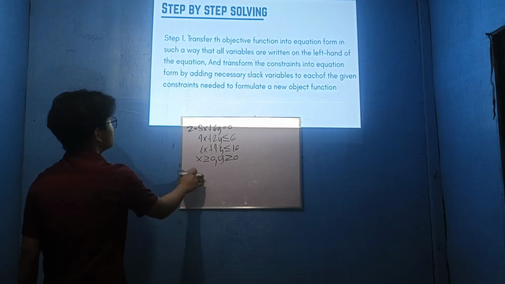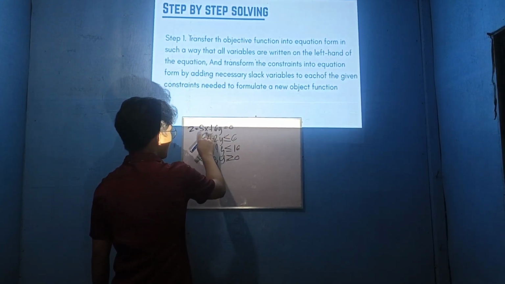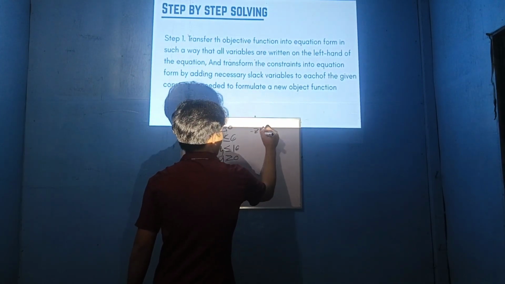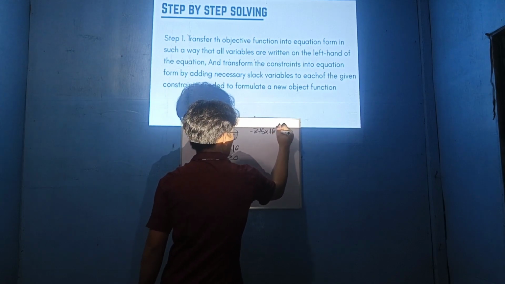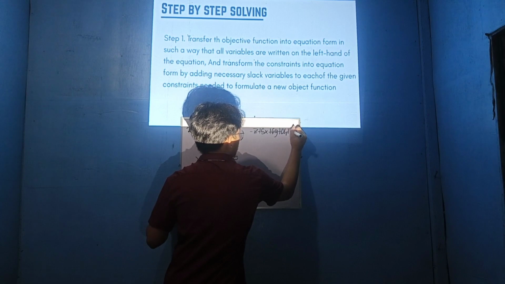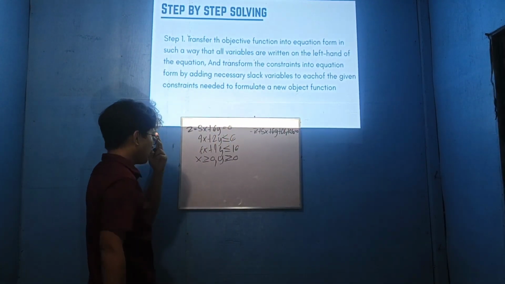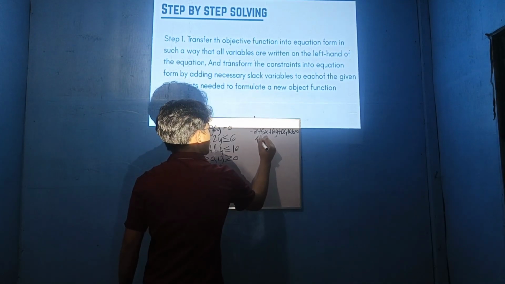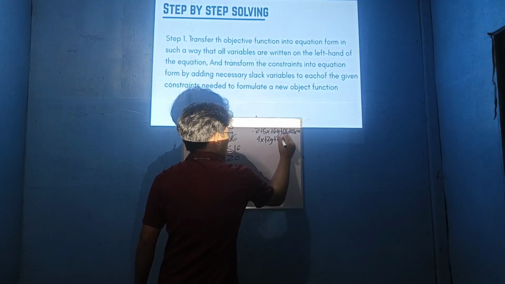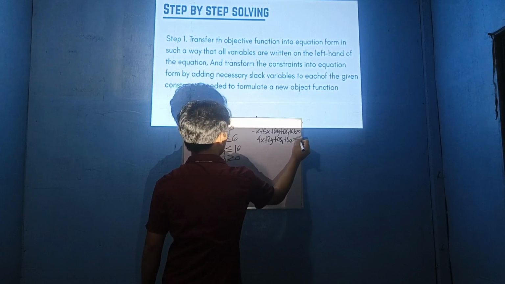And we will transform it into a new objective function. Our z equals 5x plus 6y equals 0 becomes negative z plus 5x plus 6y plus 0 times slack variable 1 plus 0 slack variable 2 is equal to 0. Our constraint number 1 is 4x plus 2y plus slack variable 1 plus 0 times slack variable 2 equals 6.